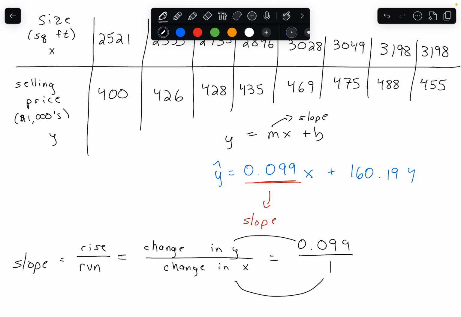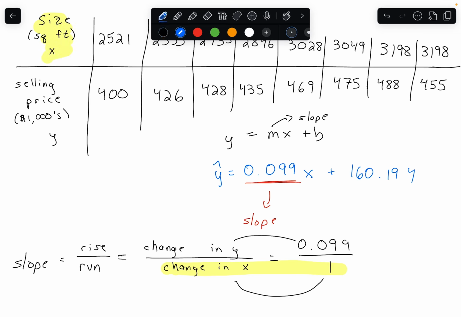So when it comes time to talk about this, I'm going to write a short little one-sentence summary describing what this number means. And when I start this interpretation, I am always going to start by talking about my change in x. That part's really, really important. So this says my change in x is 1. Well, what's x? My x is the size of my home in square feet.